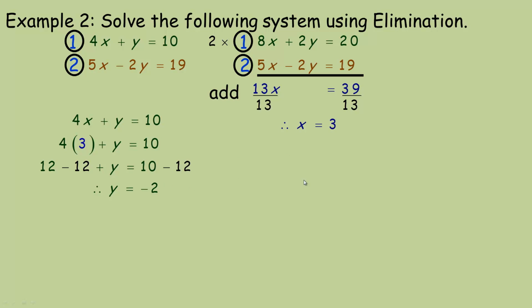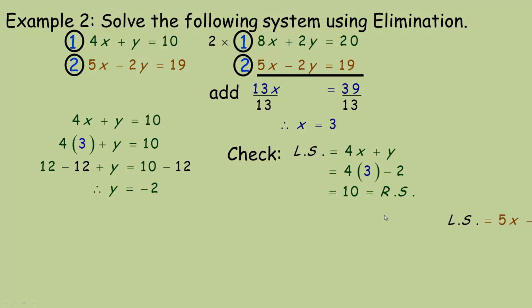Let's do the check, and then we'll look at the graphical way of doing this as well. So here's my check. Left side expression of this one is the 4x plus y. So I'm going to put my 3 here and my negative 2 here. And so 12 minus 2 is 10, and that is what is on the right side, so that checks.